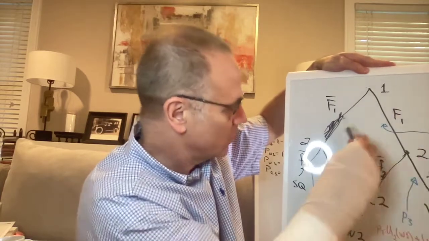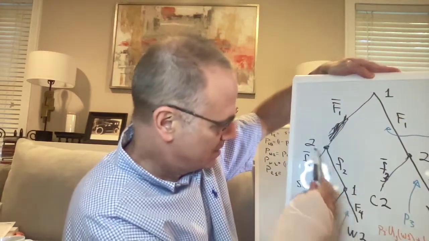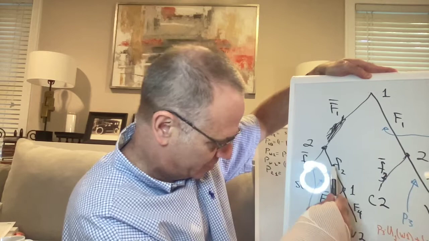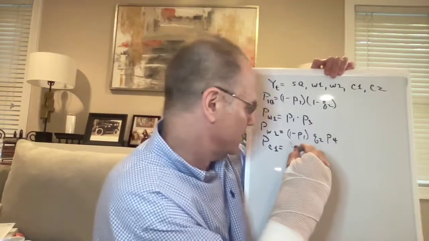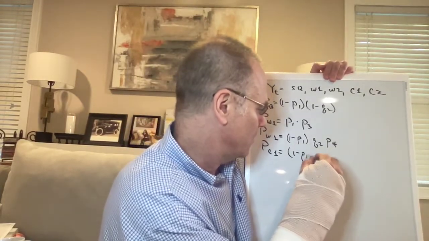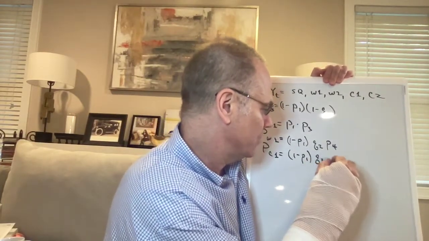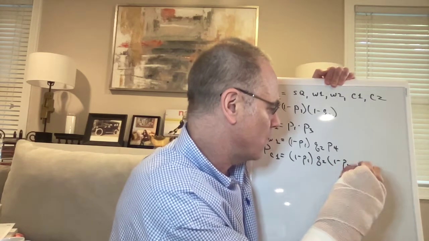So that is 1 minus P1 times Q2 times 1 minus P4.